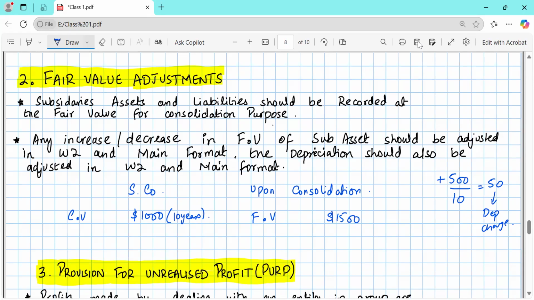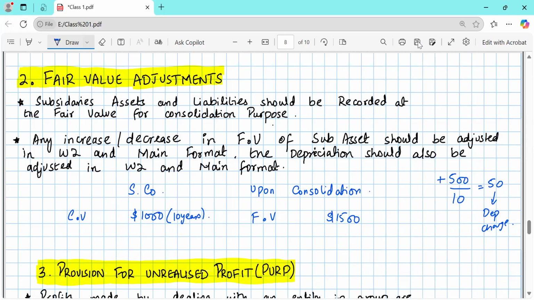Let's say you acquire the subsidiary company on 1st January 2024, and you find out that the market value of a certain asset is 500 more. You increase the asset by 500, and then at reporting date you will charge the depreciation on that extra portion. Got the point? So the net impact is 450.